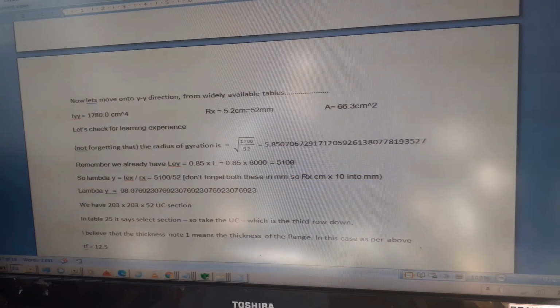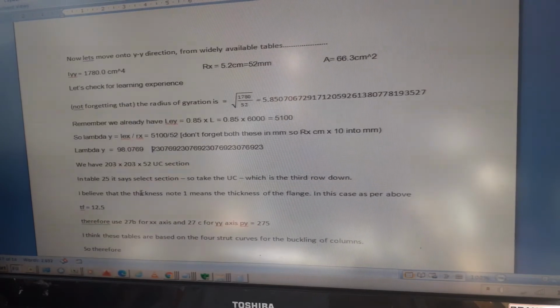Oh yeah, because it's 5.2 centimeters, that's 52 millimeters. Lambda therefore in the y direction is 98.0769. So call it 98. So we have a 203 UC 52 section, as before.